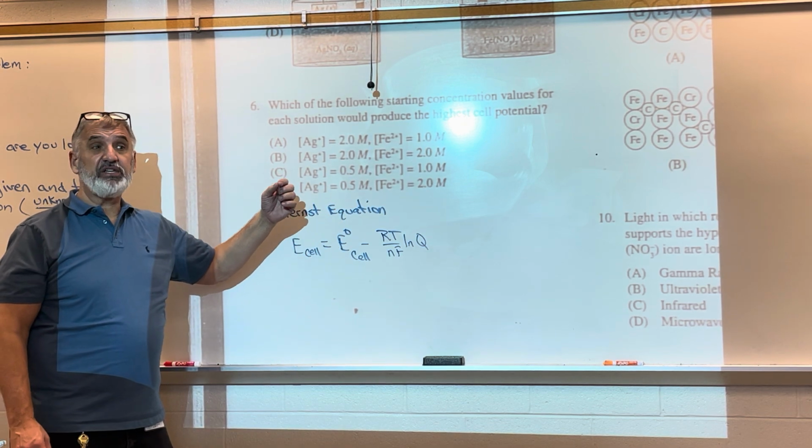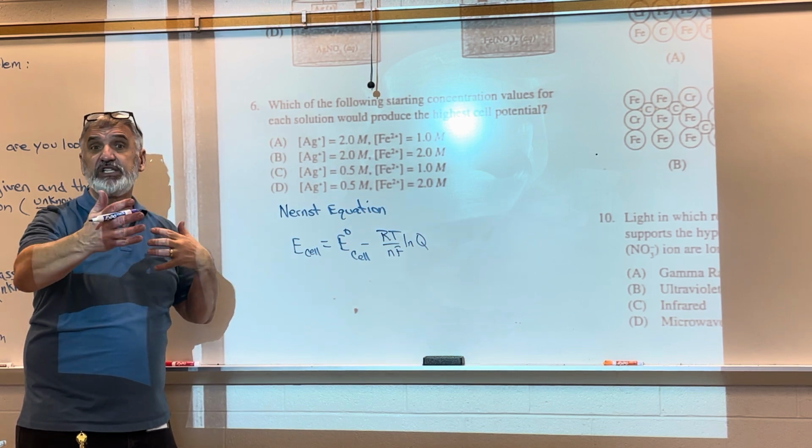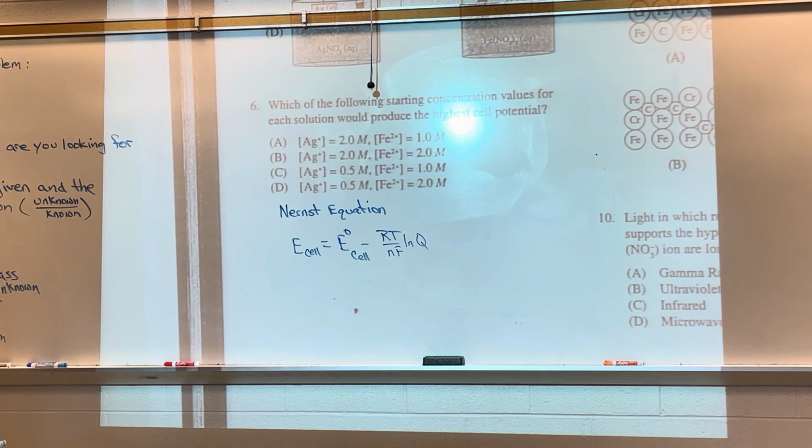So between the 2 Ag plus going to Fe, how many moles of electrons are being transferred? In our net ionic equation, or when we just did oxidation reduction, what was the total number of electrons gained and the total number of electrons lost that canceled out? Somebody just said it. 2.